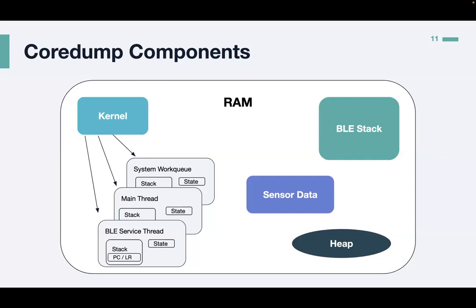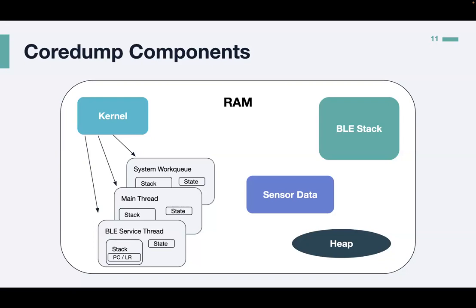The next important piece of information that we need is our system's kernel, or at least the system to capture. The kernel gives us information on the state of our threads, and it can also give us pointers to the specific stacks for each of those threads.